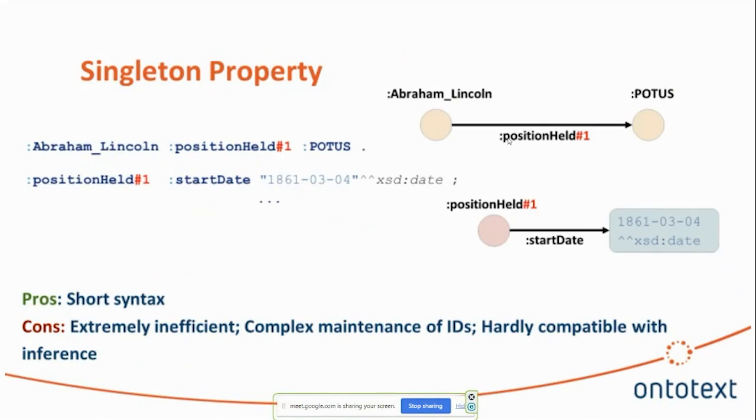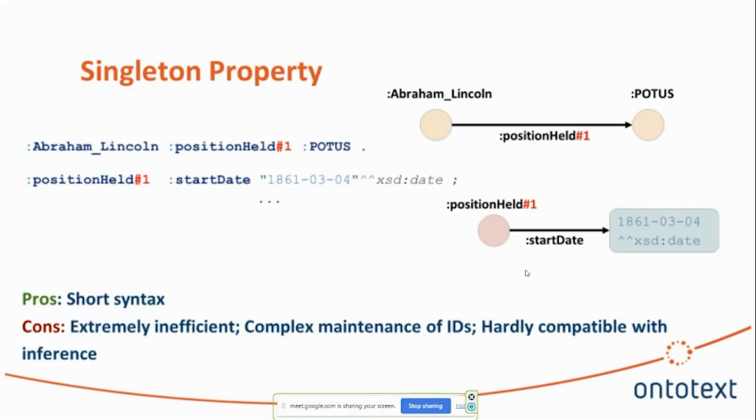Another approach is to introduce a singleton property. You can see that we can have as many predicates as we need in order to express the different positions or timeline events that we might need to capture to cover our use case. This is not okay when you would like to infer new facts based on such a type of relations, because it will be difficult to model them in the ontology and then to apply those rules and axioms on top of those properties.